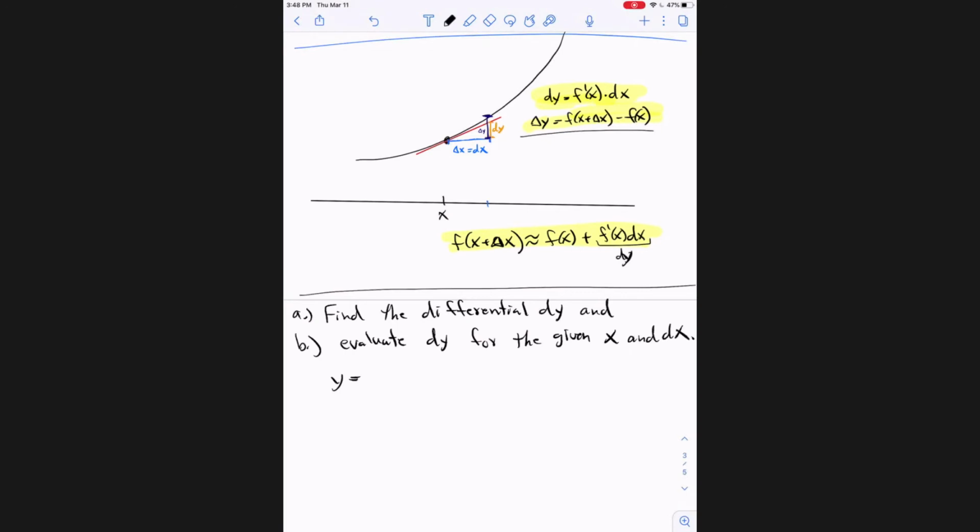So we got y equals 1 over x plus 1, x equals 1, dx equals negative 0.01.